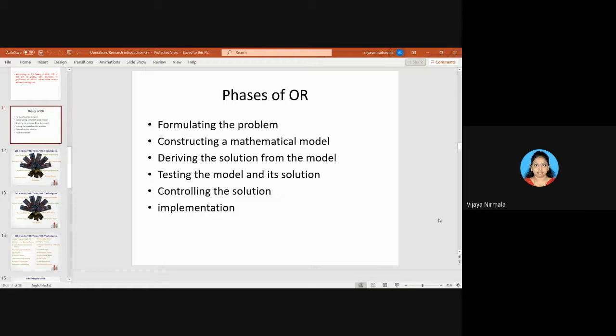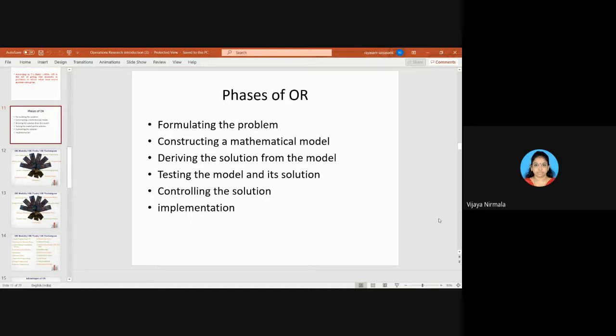Next, testing the model and its solution, which means updating the model and controlling the solution, and finally implementation. So these are the various phases of operations research.